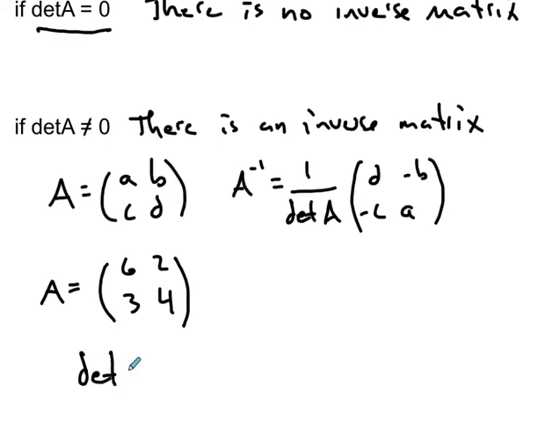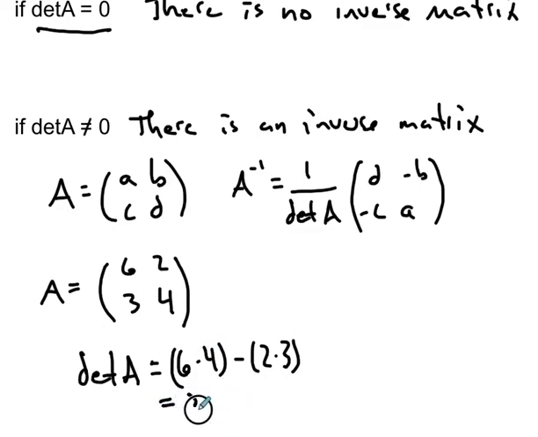So the determinant of A is going to equal A times D, which is 6 times 4, minus B times C, so 2 times 3. That should give me 24 minus 6, and that gives me a total answer of 18.